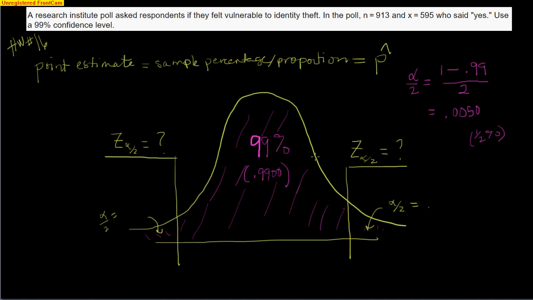It's 0.5%, or as a decimal, 0.0050. Very, very little bit here. Same thing on each side, because as you can see, there's only 1% left, and then it gets divided into 2. From there, we go to our Z table and look up that 0.0050.